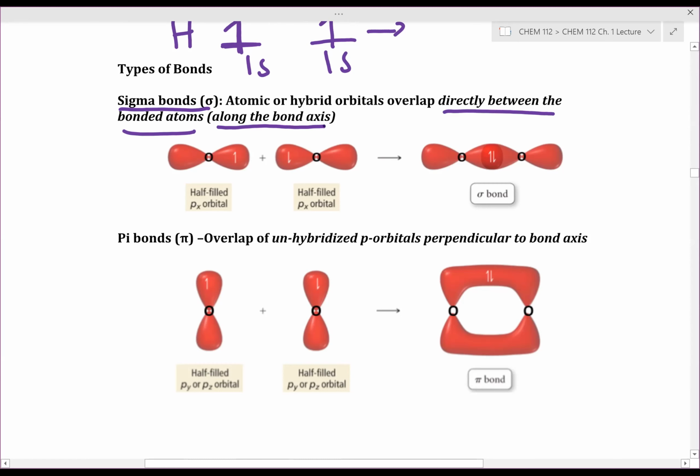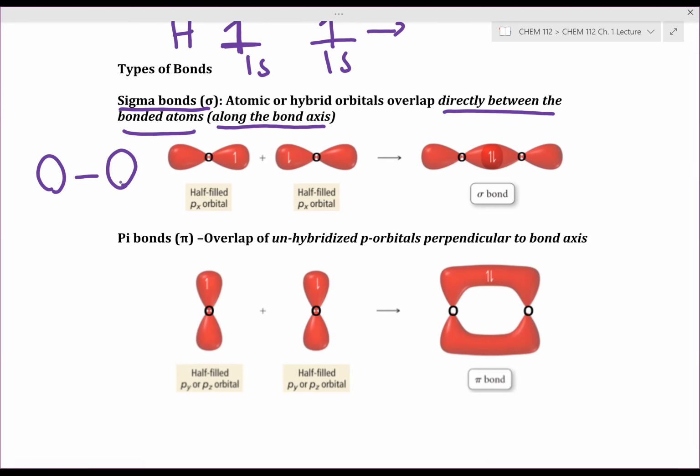In this case, I'm showing you the overlap of p orbitals. If we want to form an oxygen-oxygen single bond, is our overlap of orbitals directly along this bond axis? Is it directly between our oxygen atoms? Yeah. So we call this a sigma bond.